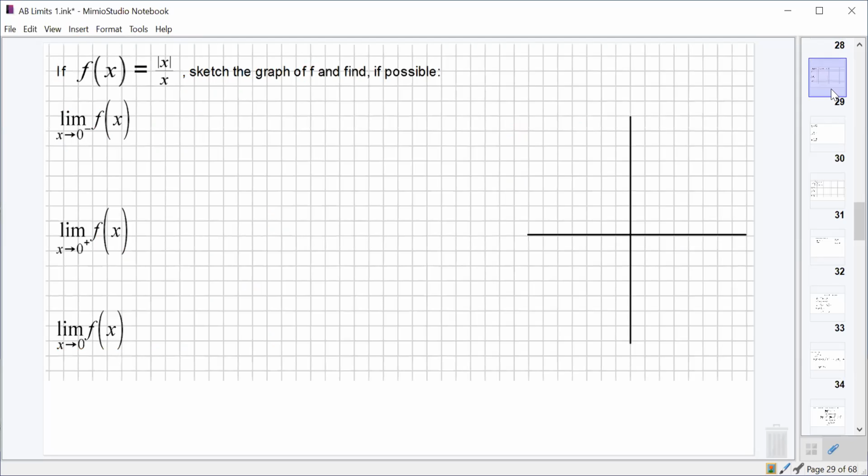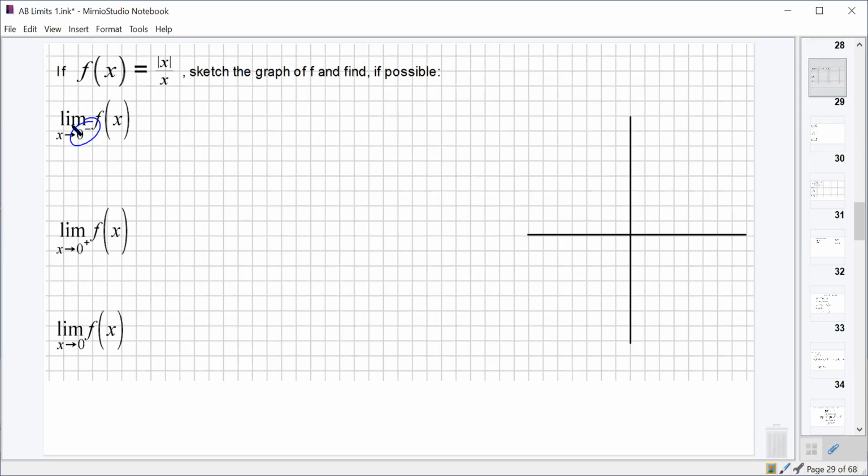Yes. Okay. So on Tuesday, we just drew the graph of this and did it graphically. But today we're actually going to go through and do this algebraically. So we're looking for the limit as x approaches 0 from the left of f of x, right, with our little negative sign.